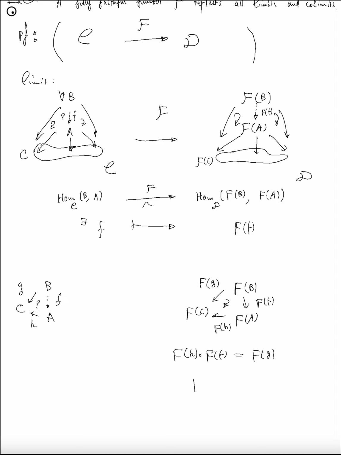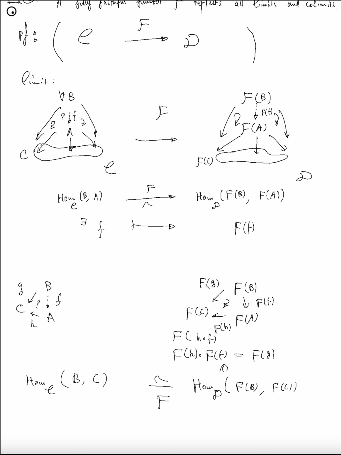Then by the fully faithful embedding, these are both morphisms from FB to FC, but this is again a bijection with Hom from B to C. This is telling you that F composed with H, composed with F, is the same as this.